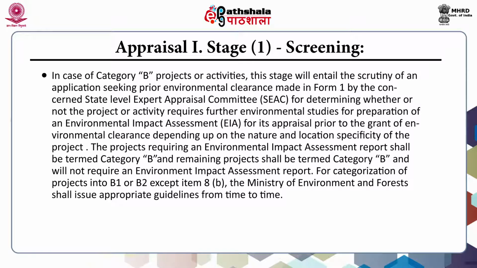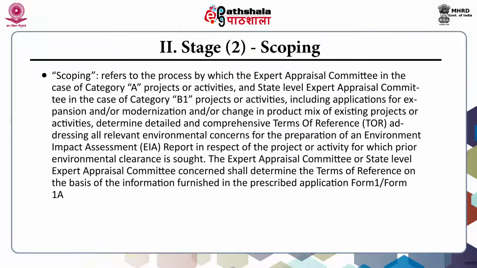The projects requiring an EIA report shall be termed category B1, and the remaining projects shall be termed category B2 and will not require an EIA report. For categorization of projects into B1 or B2, except item 8B, the Ministry of Environment and Forests issues appropriate guidelines from time to time. Then stage 2, scoping.